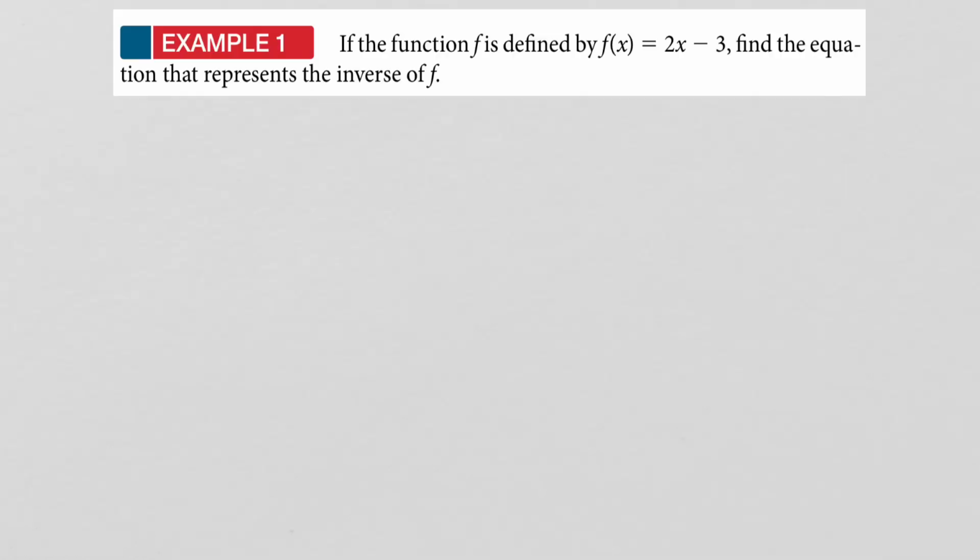So here we have an example. Let's say we have the function f of x is equal to 2x minus 3. We want to find the equation that represents the inverse of this function. Before we do that, let's understand a couple of things about the function f. If I wanted to make a table of some x values and y values, I can plug in some numbers for x.